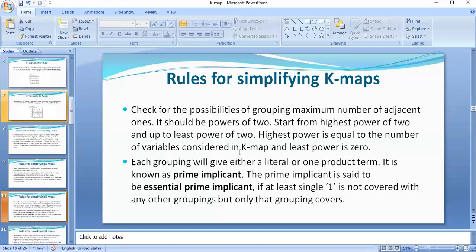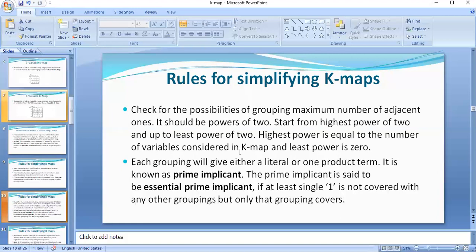In that case, we use the tabular method of minimization. In the tabular method, the minimized expression contains essential prime implicants and only the required prime implicants.